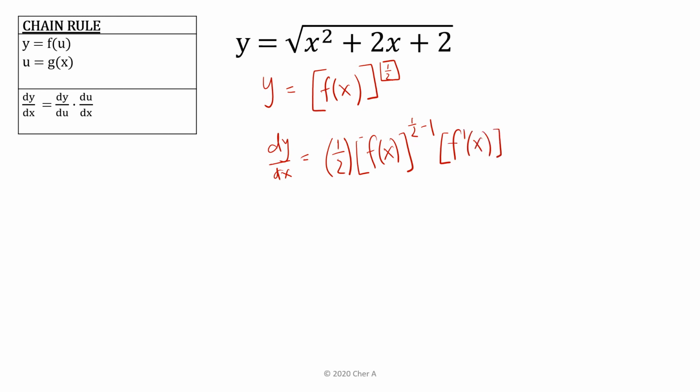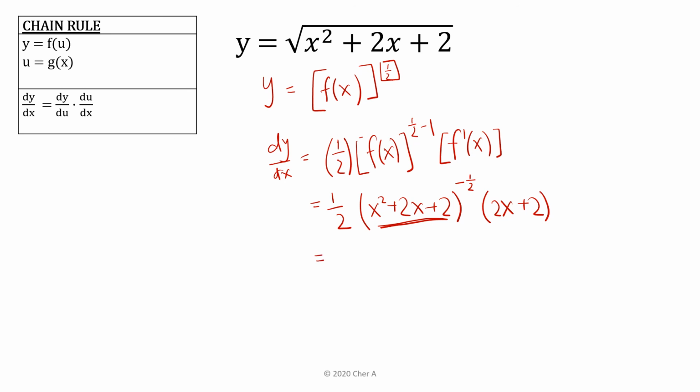the differentiated function. So in other words, you see the power half, the original function, which is x squared plus 2x plus 2, the new power, which is minus half, and then the differentiated function, which we will see 2x plus 2 differentiated from here.